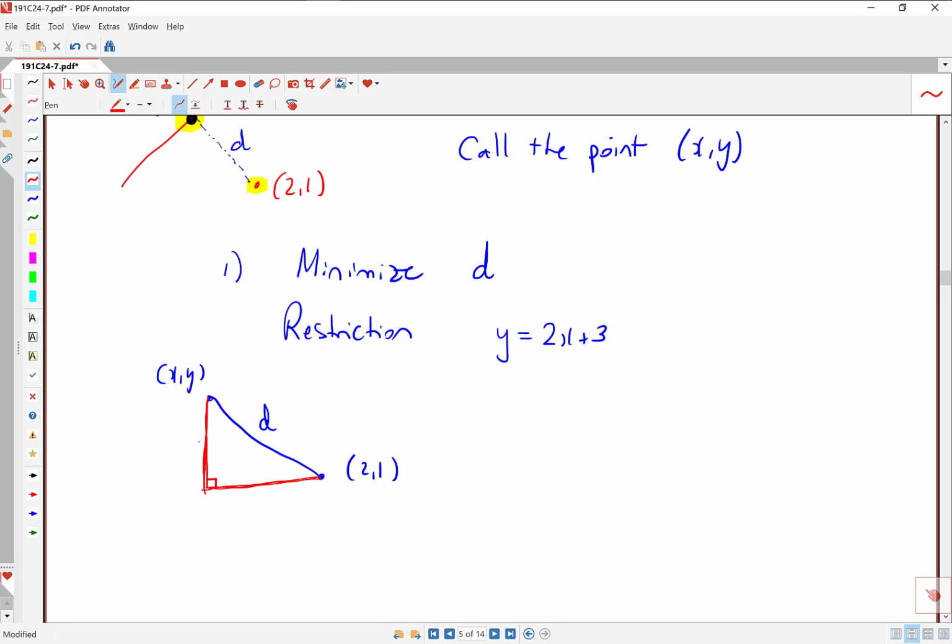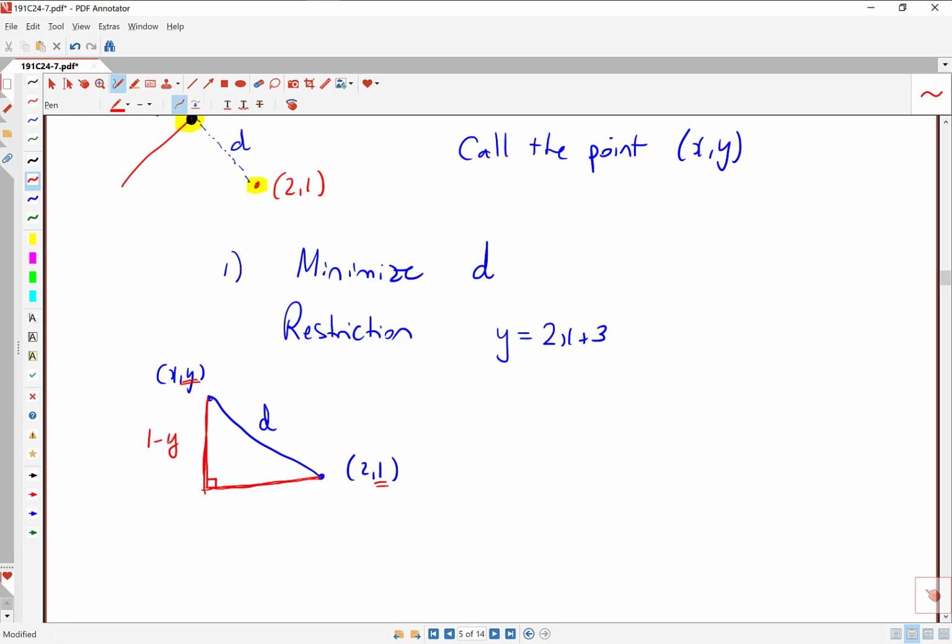Okay, so let's start with the vertical distance. So that comes down to the y values. One of the coordinates is y, and the other one is 1. So if we just subtract those two coordinates, if we go, say, 1 minus y, that's going to give us our vertical distance here. In fact, it doesn't really matter if you say 1 minus y or y minus 1, because in a moment we're going to be squaring the side lengths.